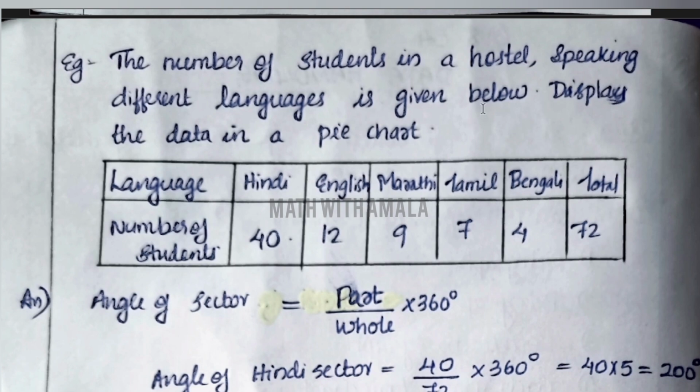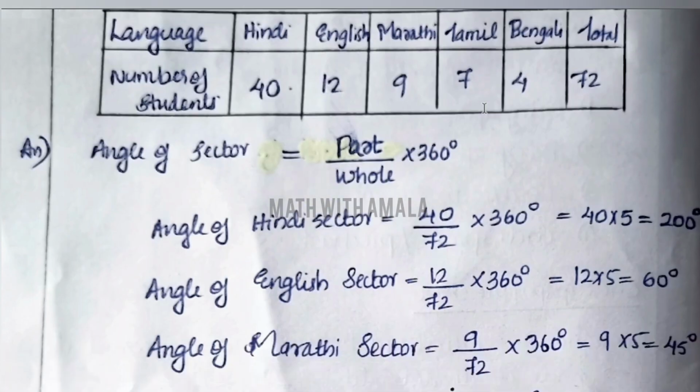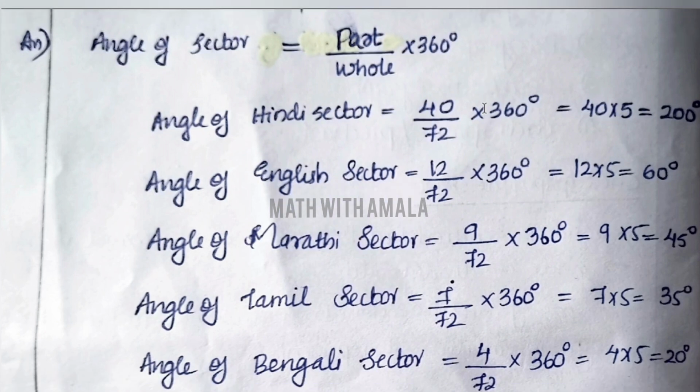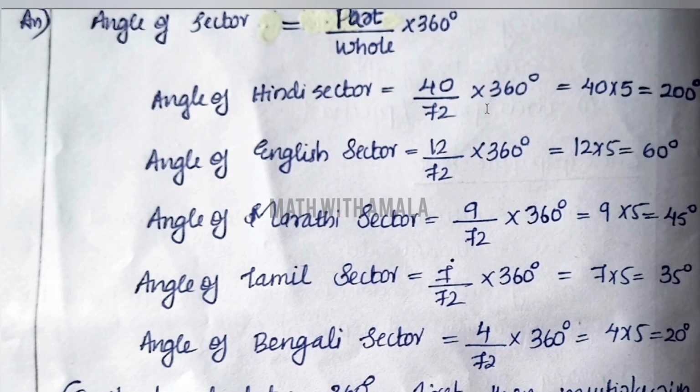Angle of sector: when we come to the answer, you have to write the angle of sector first. That is part by whole. The first data is of Hindi, so part by the whole, that means 40 by 72 into 360 degrees. So in order to find the angle, you can use the general definition of part by whole into 360 degrees, which is equal to 200.